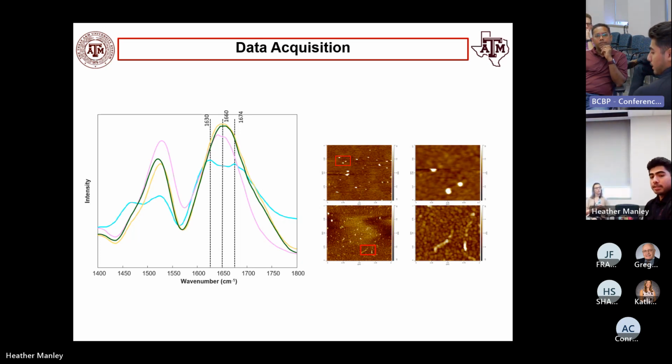We can take point spectra of each particle that we want to identify. And then on the right side of that image, we can take a more precise image to get more accurate results. In this case, it was 0.7 by 0.7 micrometers. On the bottom, same concept, just a different time point.